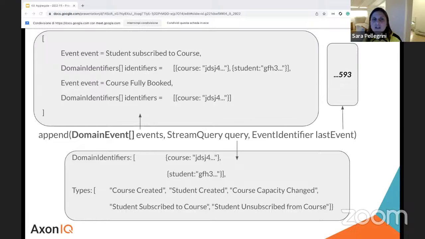The last event is the identifier of the last event used to rebuild that model. If the query at the time of the append returns a last event different from the expected one, then it means that the decision was made on the basis of an incomplete model, and in that case, the append would be rejected.